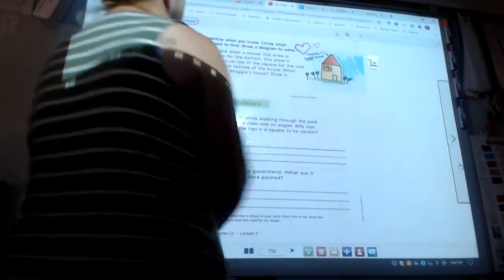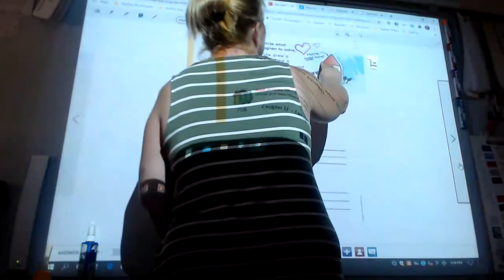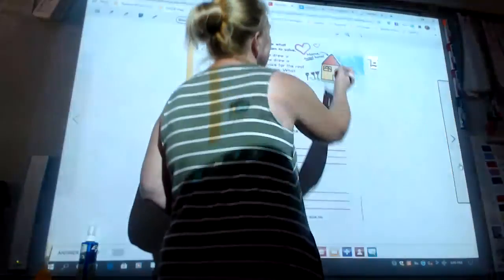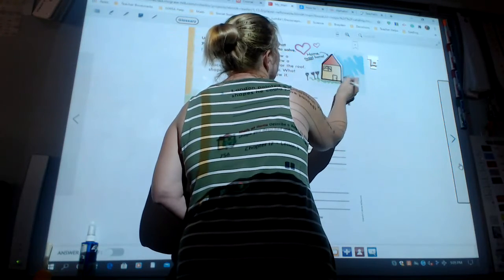Maggie drew a house. So here's her house right here. She drew a square for the bottom. She drew a triangle on top of the square for a roof. So our instructions tell us to trace the outside of the house. So we're going to trace just the outside part of the house.